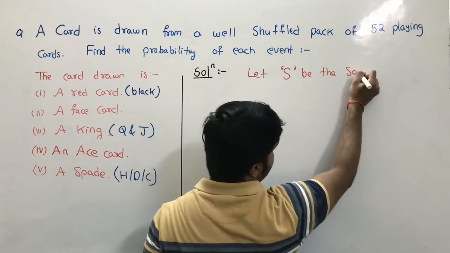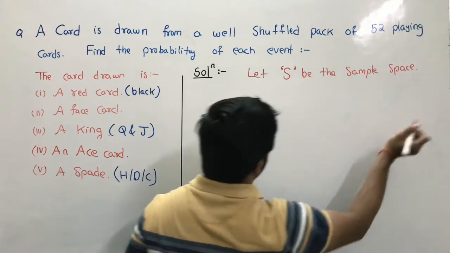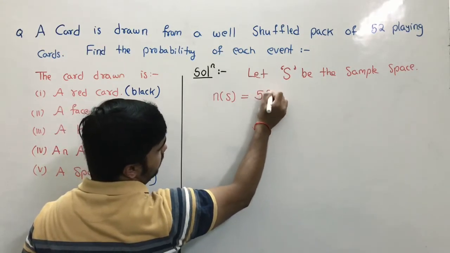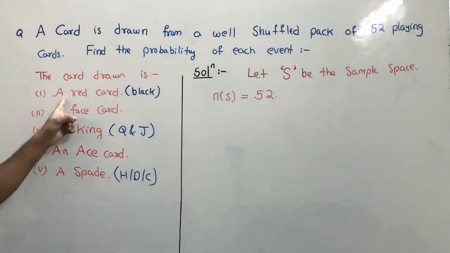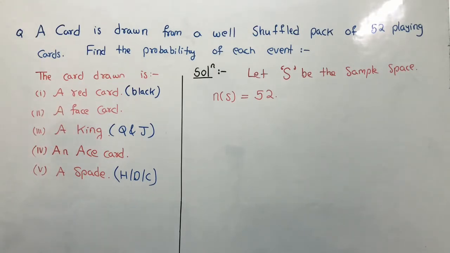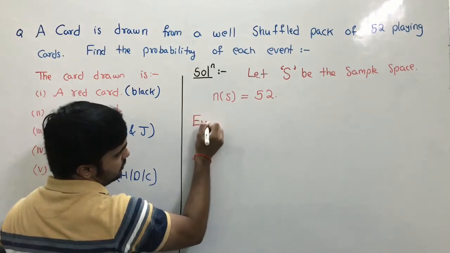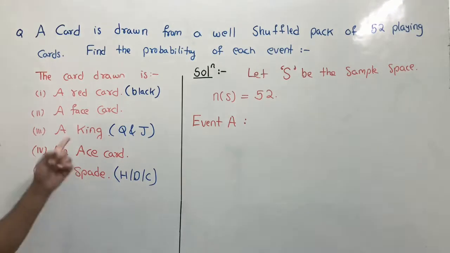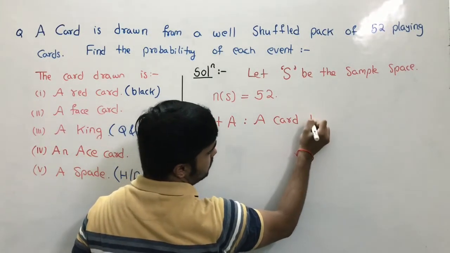Number of S in this case will be 52, as we have total 52 cards. Our first event, a card drawn is a red card, let us consider as event A. So event A is a card drawn is red.